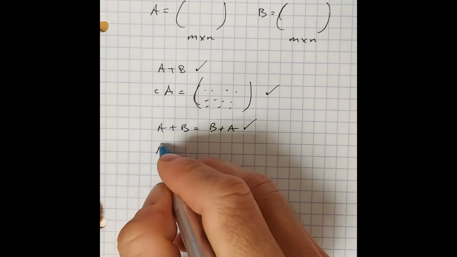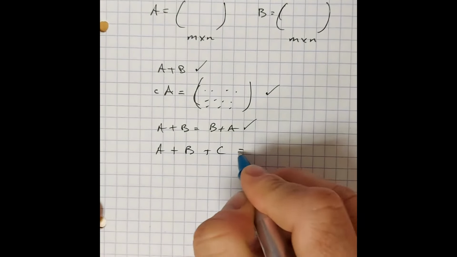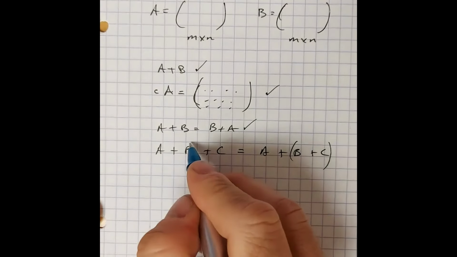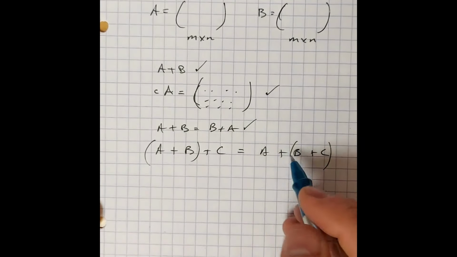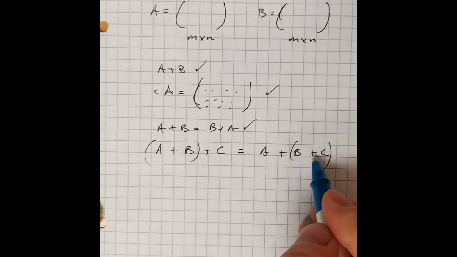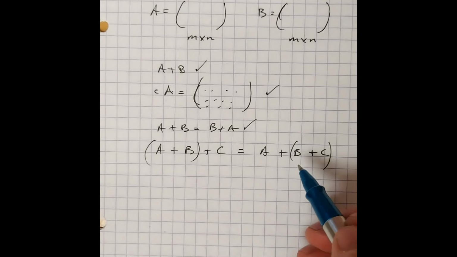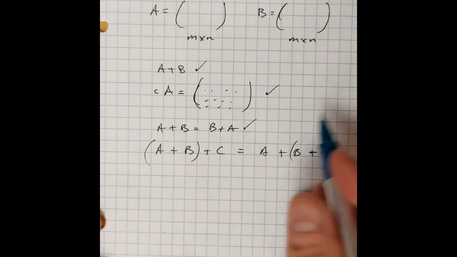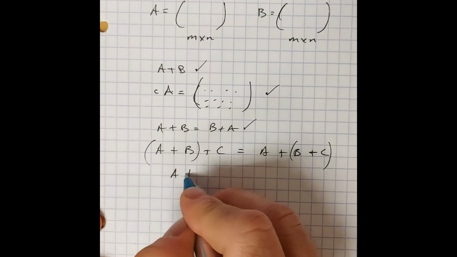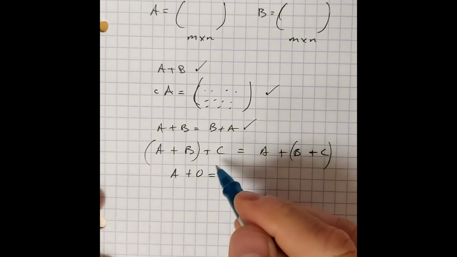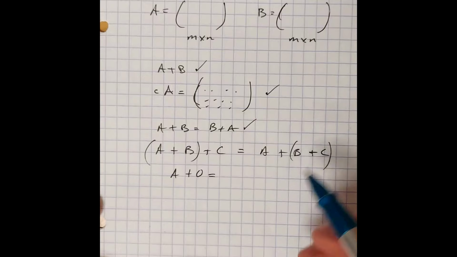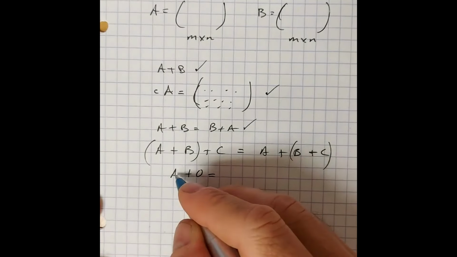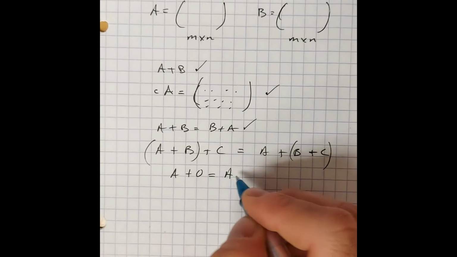Also, A plus B plus C is equal to A plus B plus C, so if we add A and B together first and then add C, or if we add A and then B and C together, we end up with a matrix that is exactly the same in both situations. There is a matrix such that when we add it to A, it's the matrix where all of the elements are 0. Again, because we're doing this element-wise, you get 0 plus each of the elements of A, and so this is exactly equal to A.